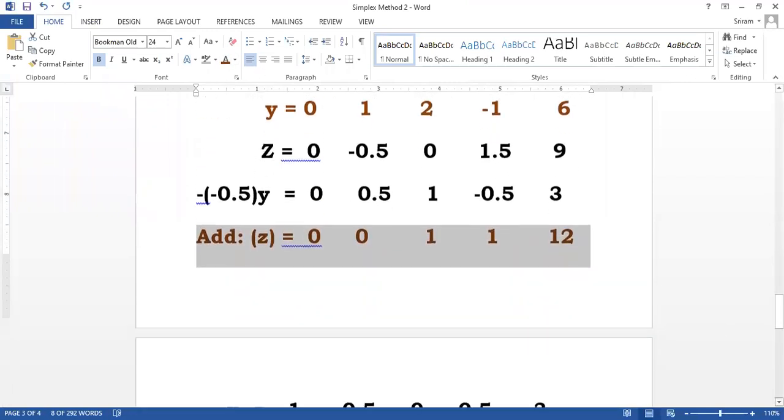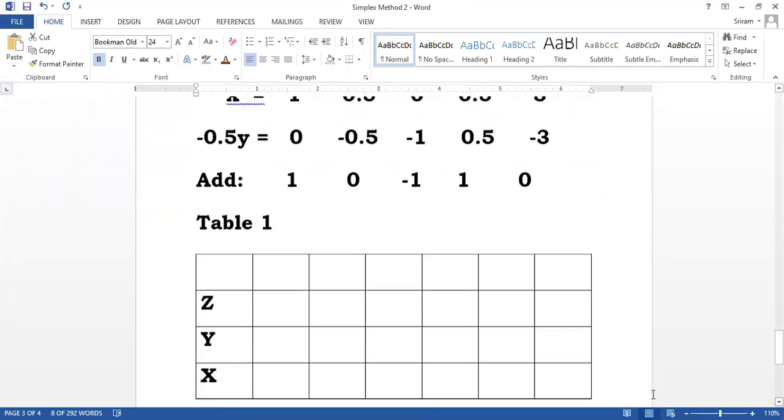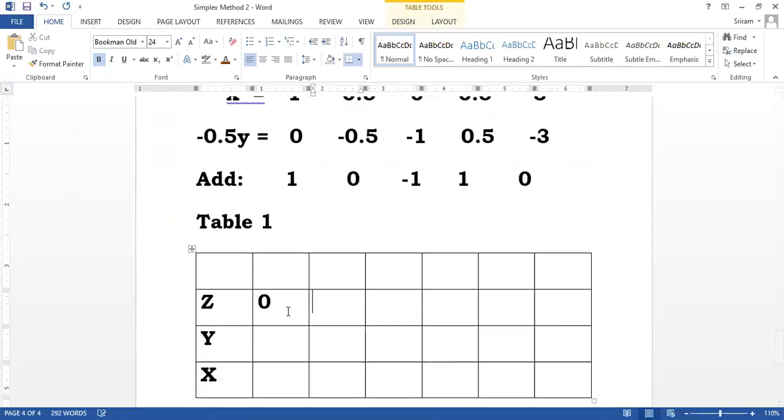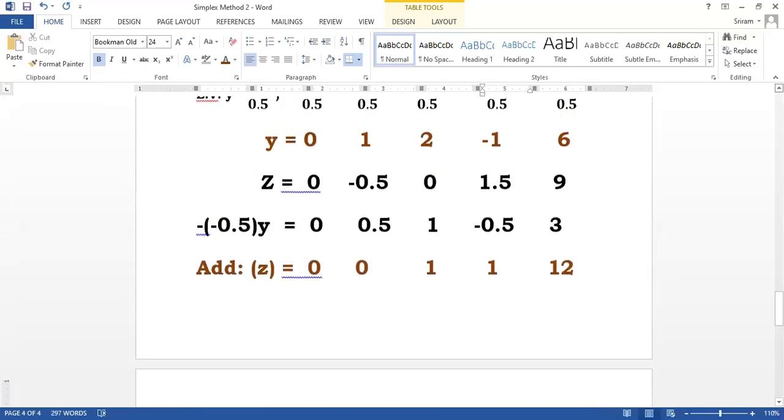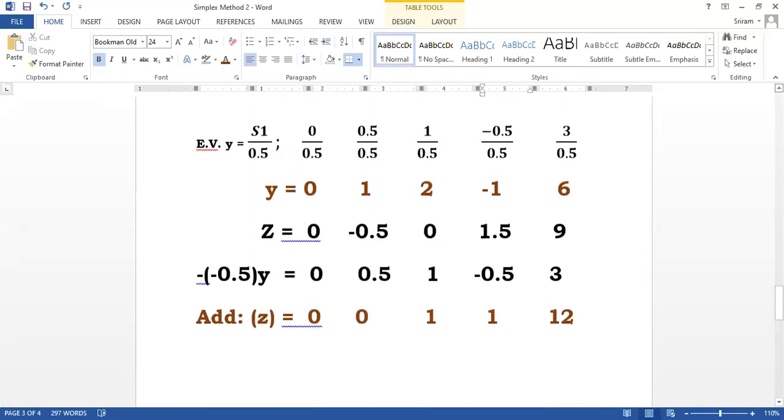Then I am going to check the value of Y: 0, 1, 2, -1, 6.